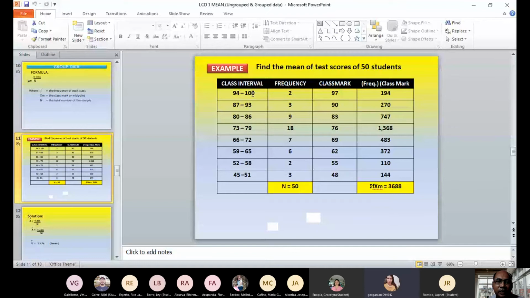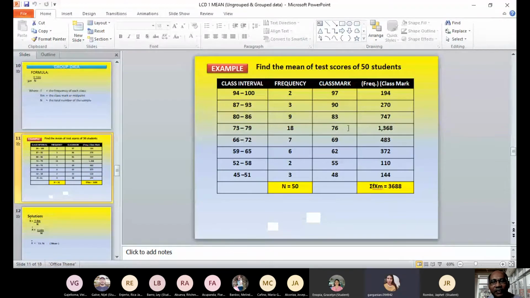You add, then divide by 2. That is 97. Then 87 plus 93 divided by 2 is 90. The rest follow.